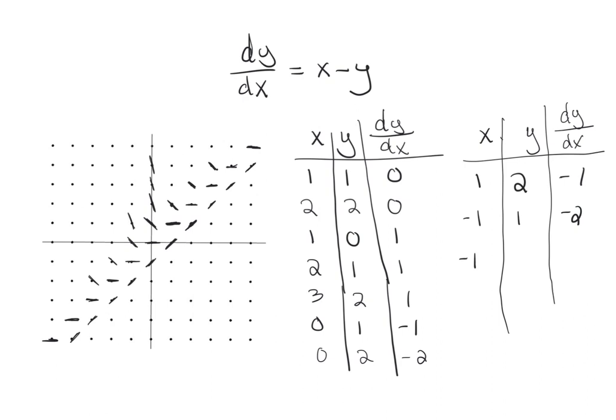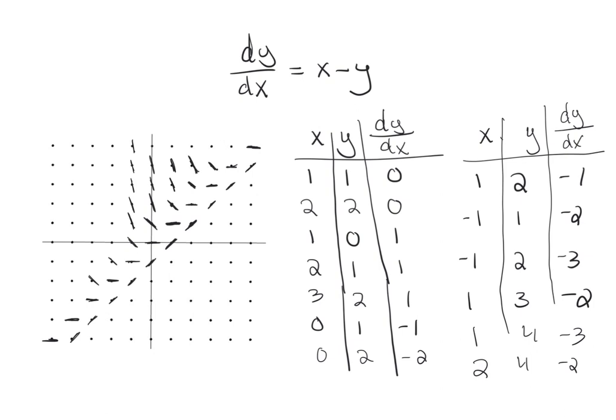Negative 1, 2 goes to negative 3. Okay, so these will keep getting steeper. Okay, I'm just going to fill in a couple of these and we'll see where we go from there. So 1, 3. 1 minus 3 is negative 2. And 1 minus 4 is negative 3. Okay, so these are getting steeper. Let's do 2, 4. 2 minus 4 is negative 2.